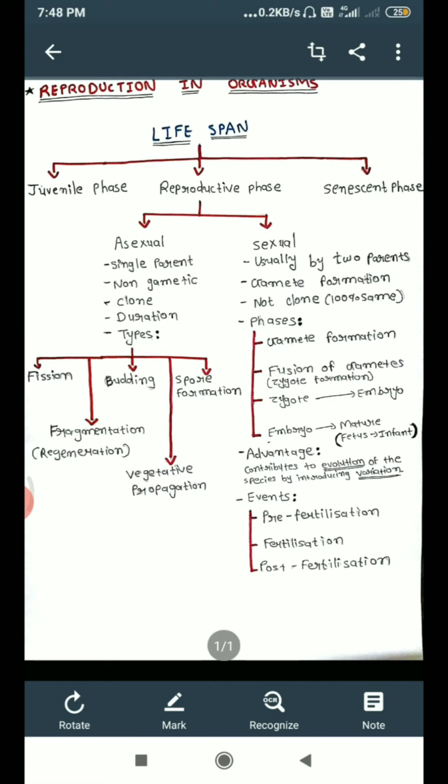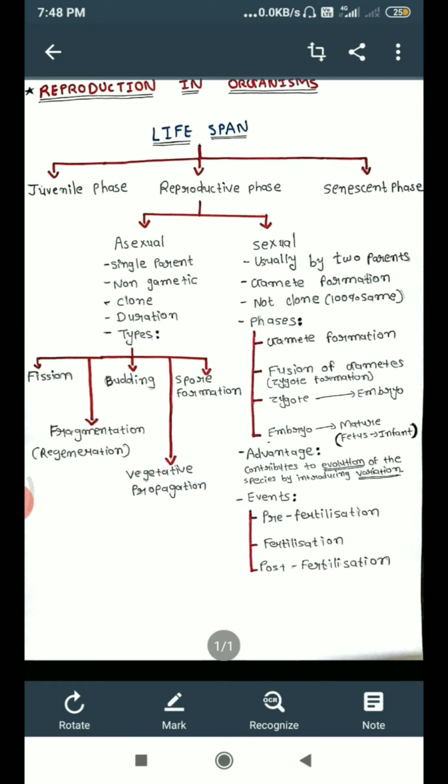Fourth point is duration. Here the term duration means that asexual reproduction will take only a short period of time. For example, E. coli, Escherichia coli, will take around 20 minutes to multiply. While in sexual reproduction, if we are talking about humans, it will take around 9 or 10 months.